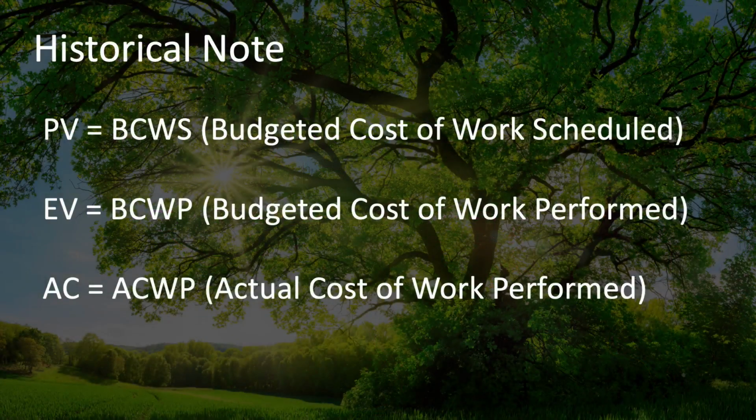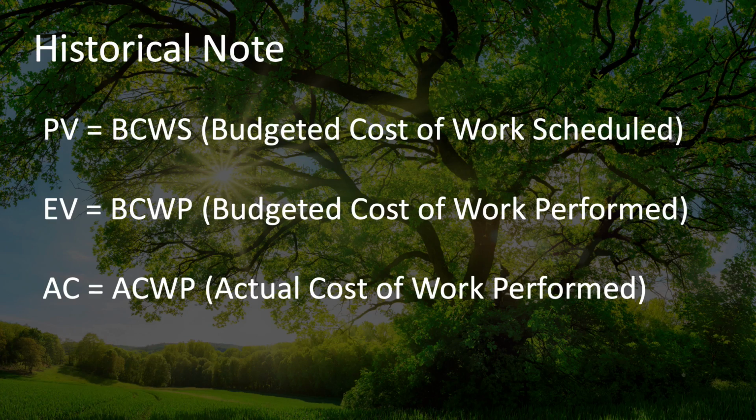You should be aware that the variable names for planned value, earned value, and actual cost are relatively new. Planned value used to be called the budgeted cost of work scheduled, or BCWS. Earned value used to be called the budgeted cost of work performed, or BCWP. And actual cost used to be called the actual cost of work performed, or ACWP.